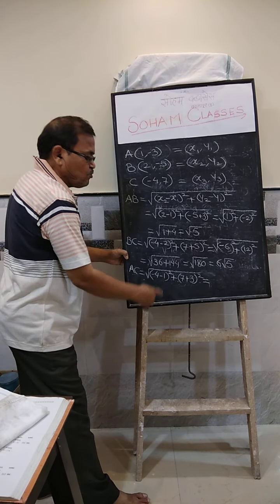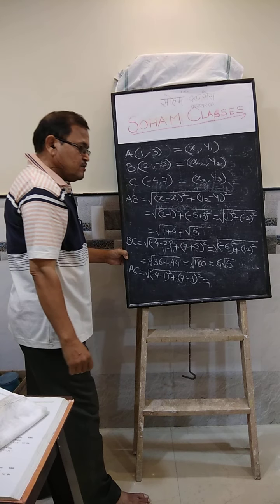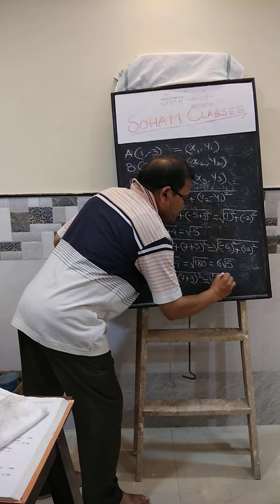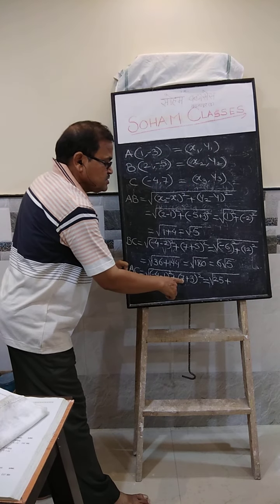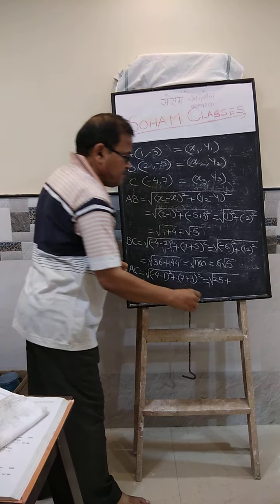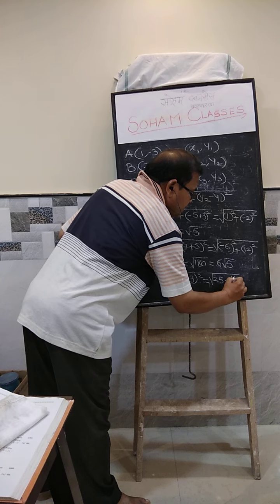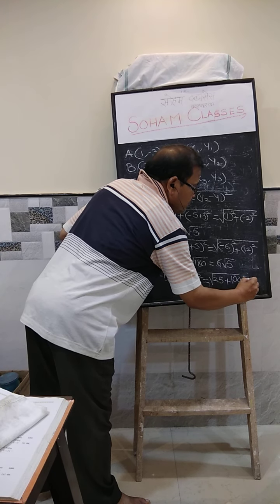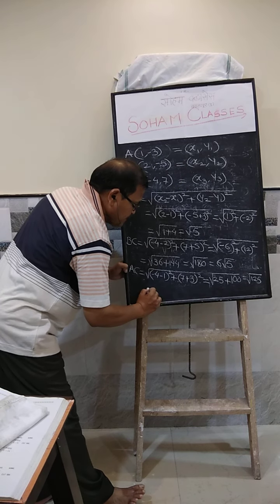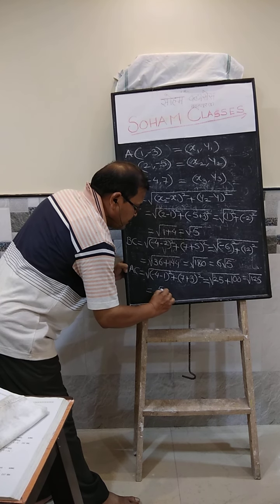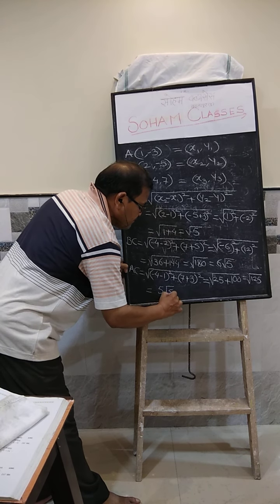So we get minus 4 minus 1 bracket square, that is 25, plus 7 plus 3, 10. So the square of 10 is 100, and we get under root 125, that is 5 root 5.